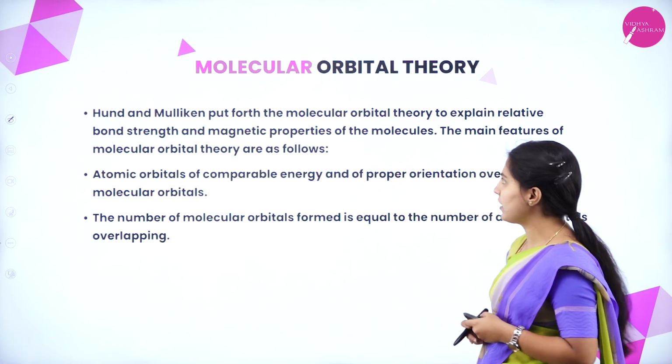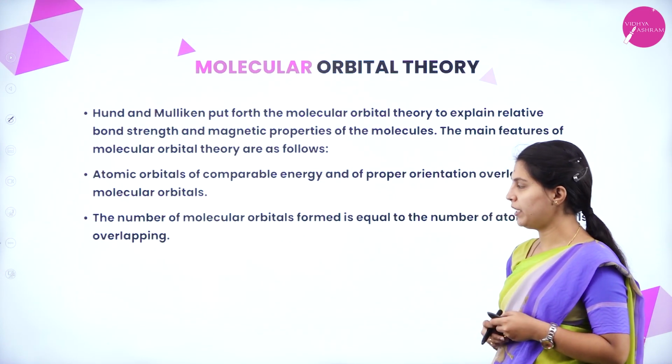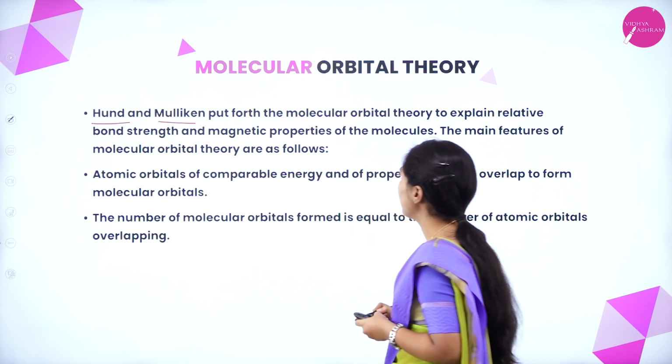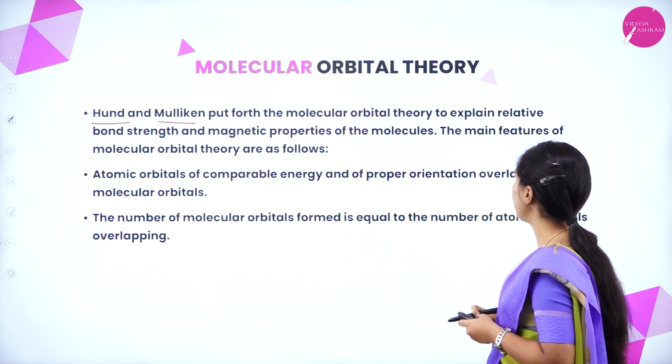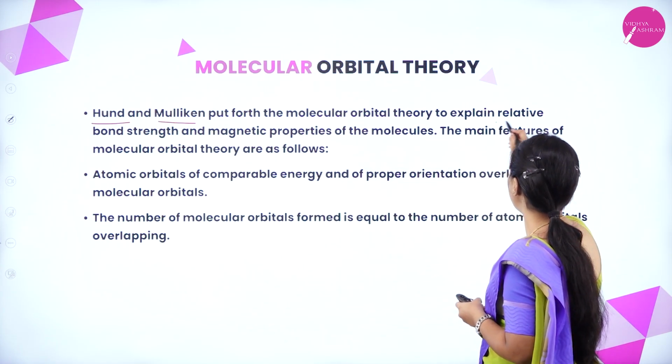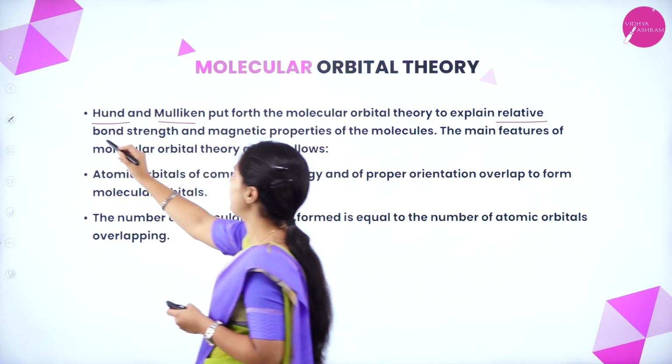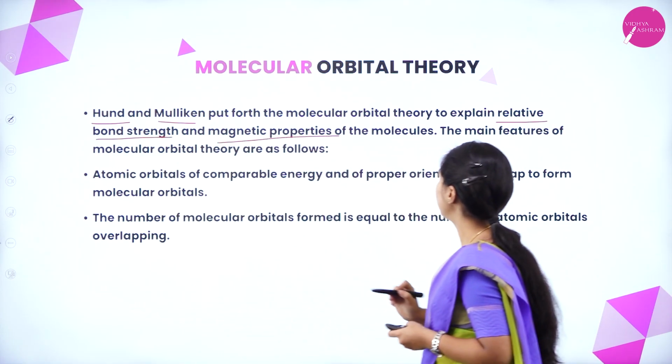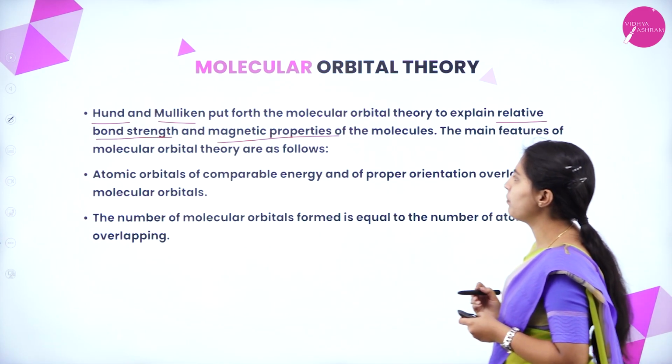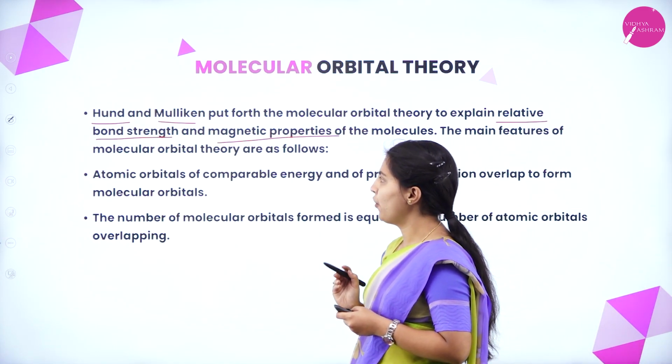First, we will discuss molecular orbital theory. Hund and Mulliken put forth the molecular orbital theory to explain the relative bond strength and magnetic properties of molecules. The main features of the molecular orbital theory are as follows.